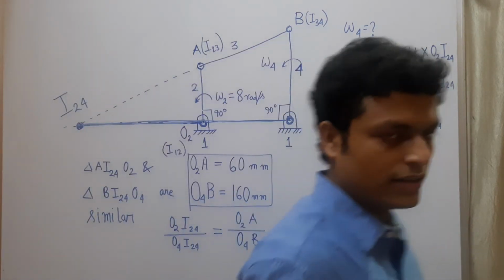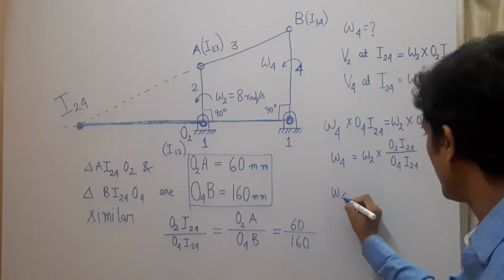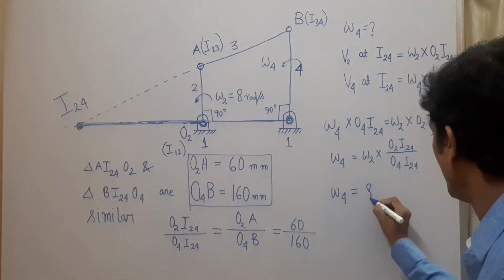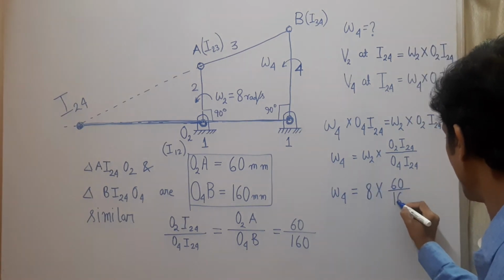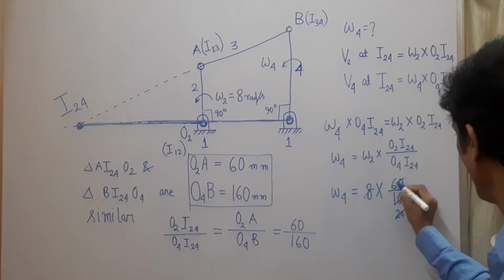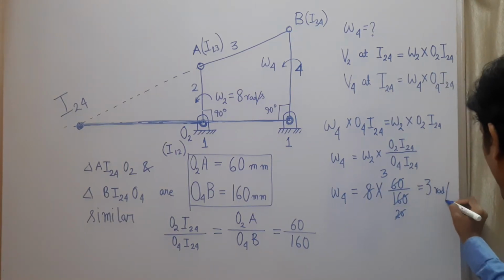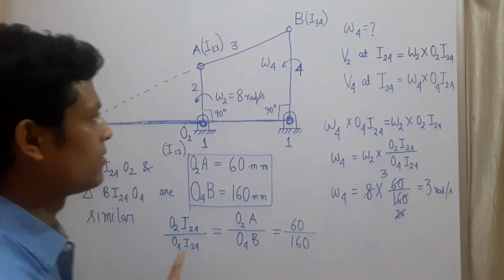So we have found this ratio. So omega 4 is equal to omega 2, which is 8 radian per second, times this ratio 60 by 160. So that is 24 by 8, which is 3 radian per second. So the answer is 3 radian per second.